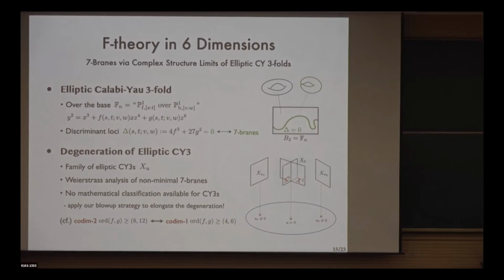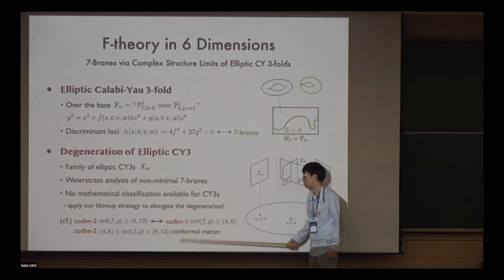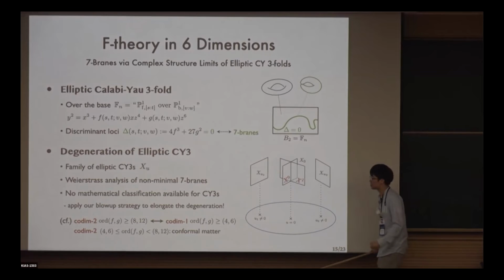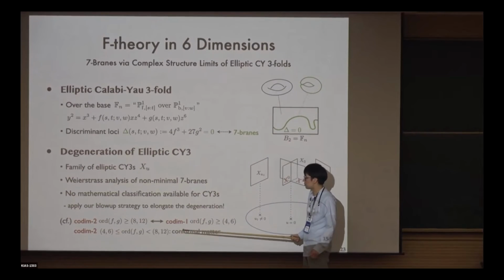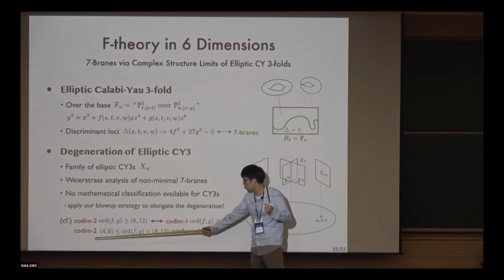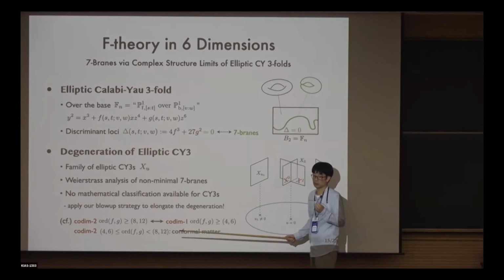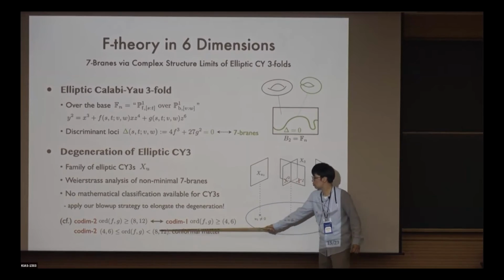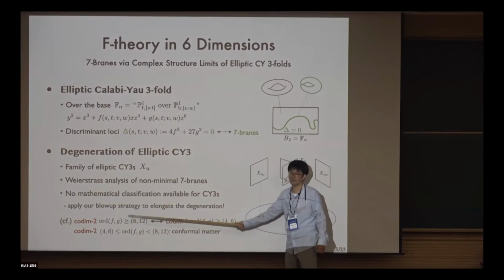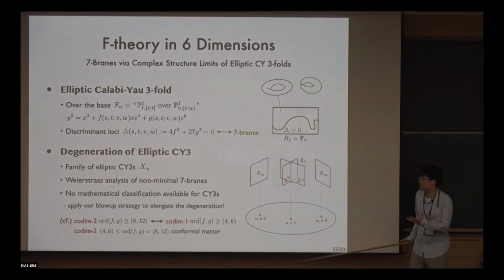And this should be contrasted with the conformal matter story arising from the finite tensor transitions in 6 dimensions. For this to happen, we still need to have a codimension 2 non-minimal singular fiber, however, this should be less than or equal to (8,12). So what we are discussing is an extreme version of this conformal matter in terms of codimension 2.